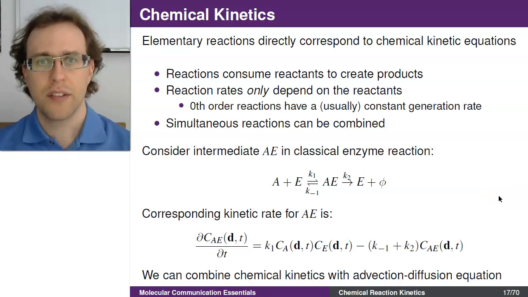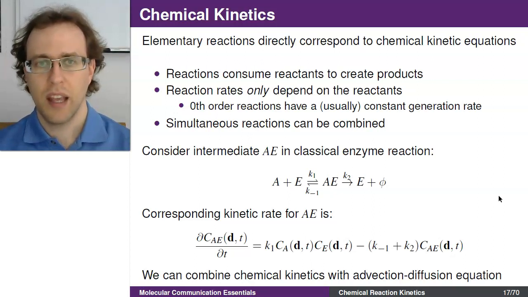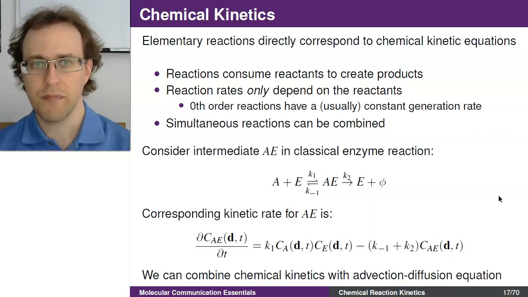So chemical kinetics describes essentially the dynamics that are involved in chemical reactions as they progress. The convenient thing about the elementary reactions is that these directly correspond to the relevant chemical kinetic equations. Now, we've already seen that reactions consume reactants and create products.